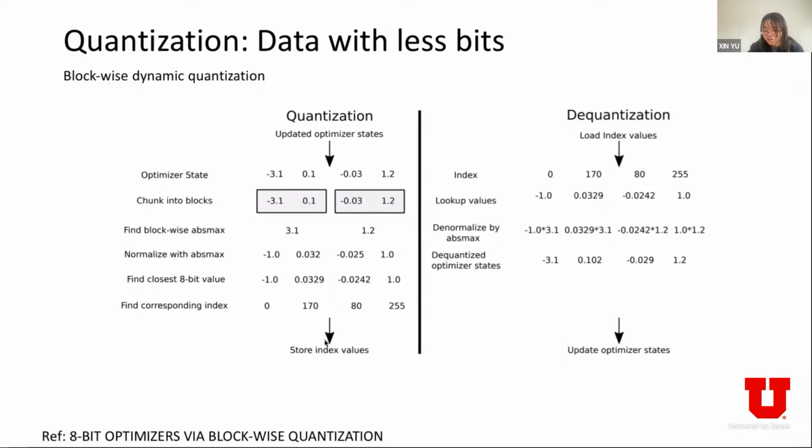If the dimension of the tensor is 4096 and the block size is 64 by 64, then there would be 64 by 64 blocks. This will cause 64 by 64 by 2 additional float16 values.